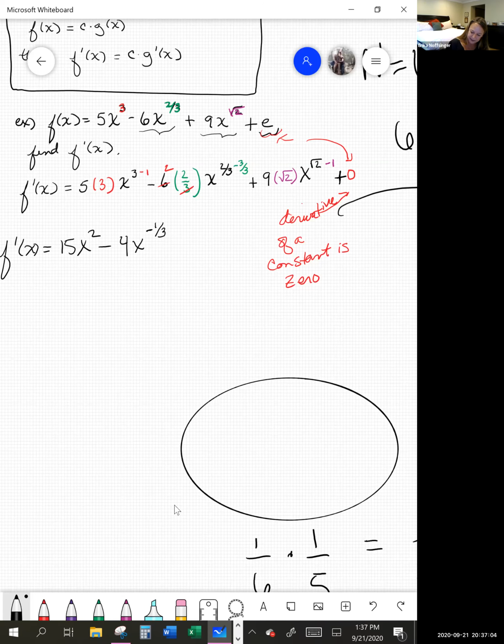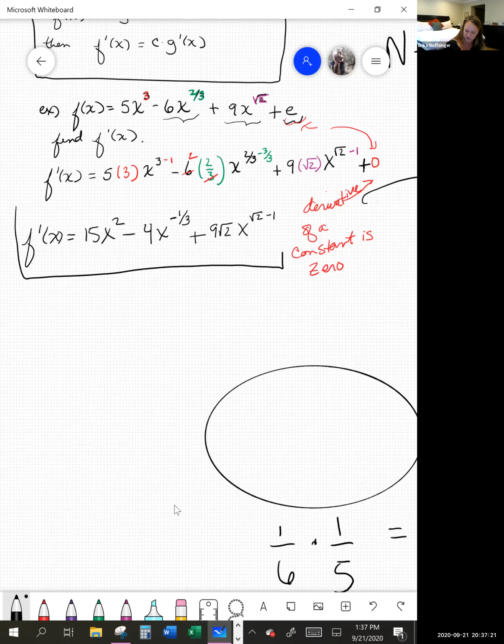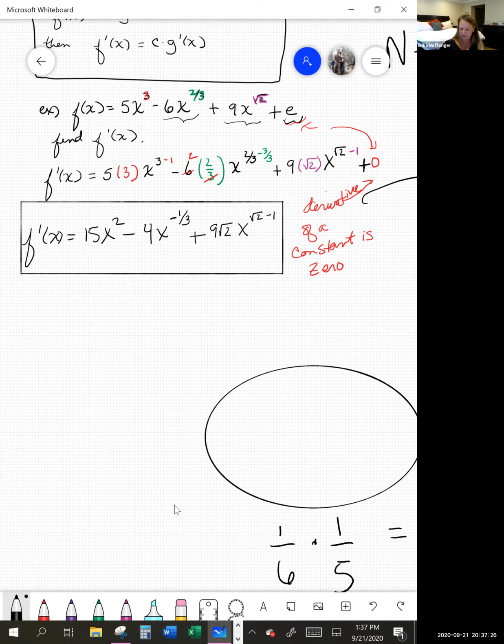And plus, well, I can't multiply underneath this radical. So this is just 9 root 2, and I can only write it in the form of x root 2 minus 1. And so we just found the derivative using our rules.